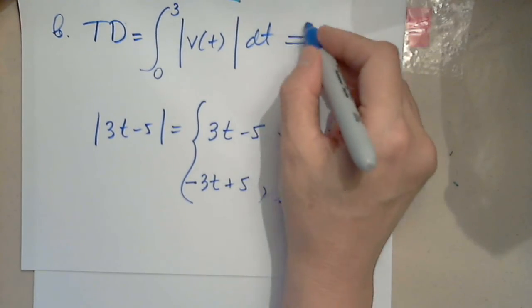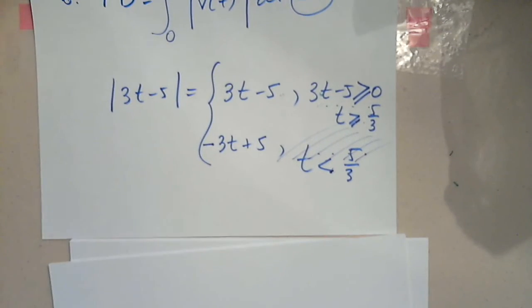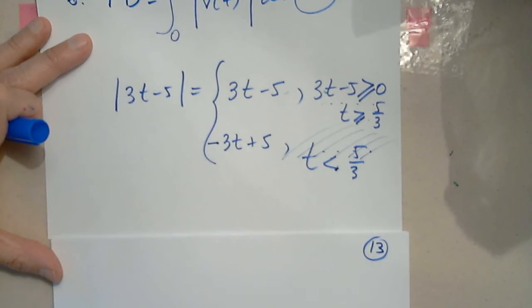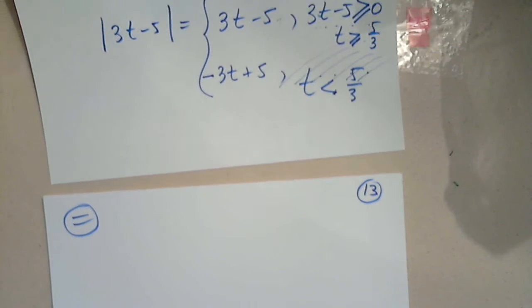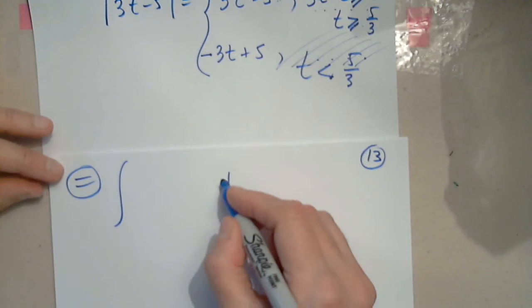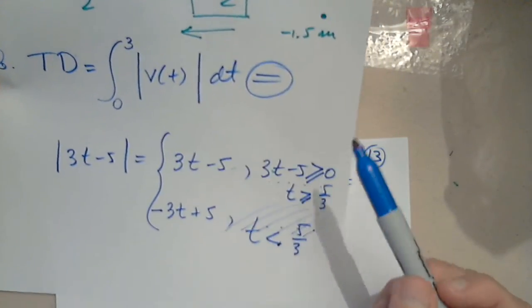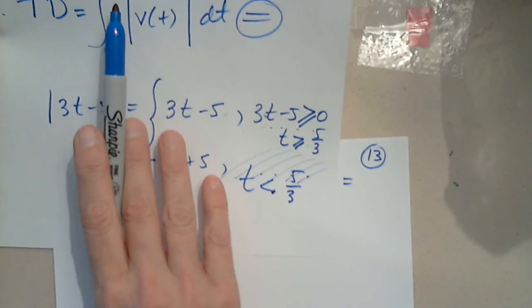So now, when I try to determine this integral for finding the total distance, then I get, by the properties of the definite integrals, from 0 to 3. Well, 5/3 is between 0 and 3.